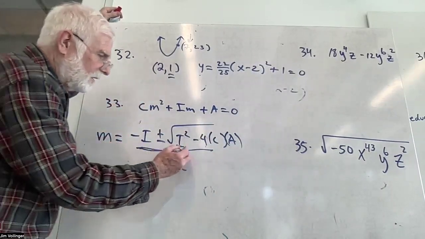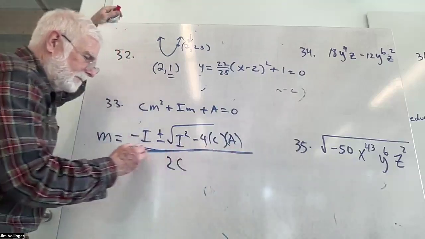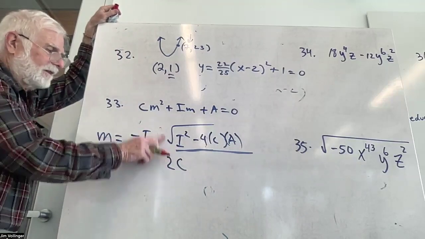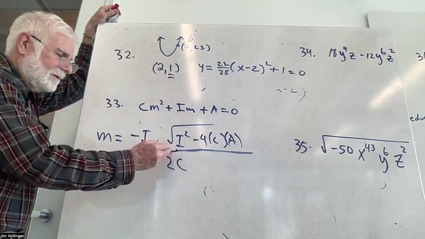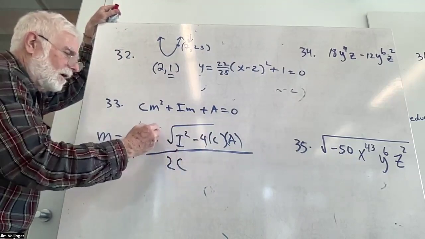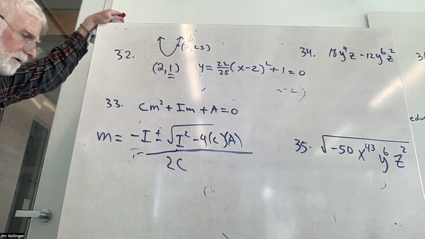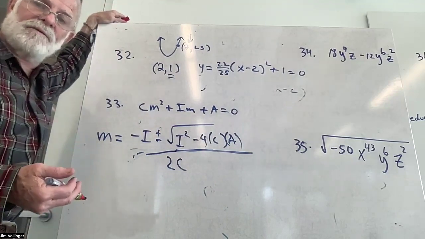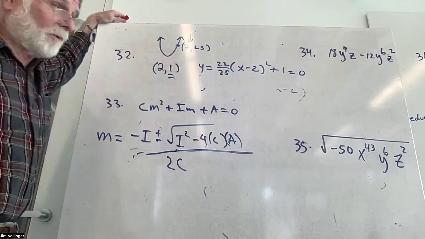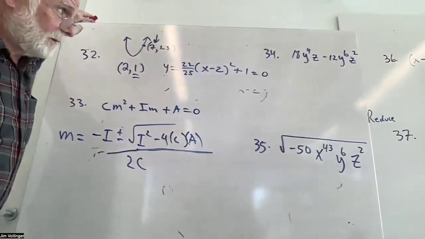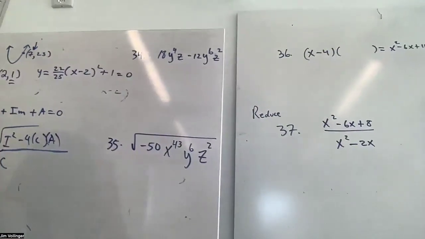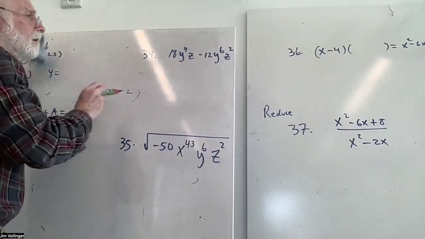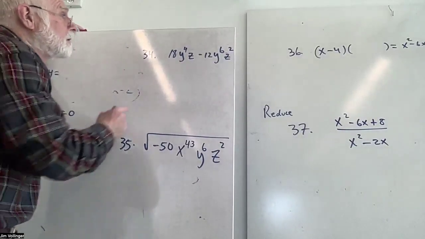Notice the fraction bar under both terms. Under both. If it's only under one, it's wrong. If you forget the plus minus, it's wrong. If you get anything out of order, it's wrong. And so that's meant to be just another way of approaching memorization of the quadratic formula. I will still derive it. I hope there's time to derive it. I think it's a rite of passage. Try to derive it on your own.